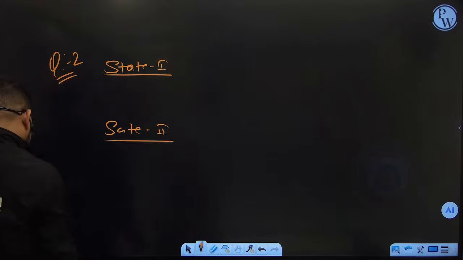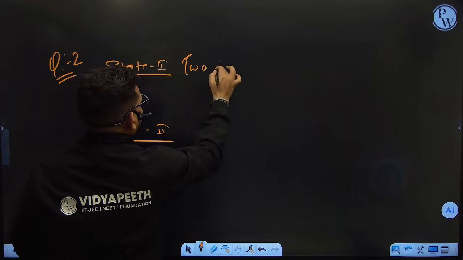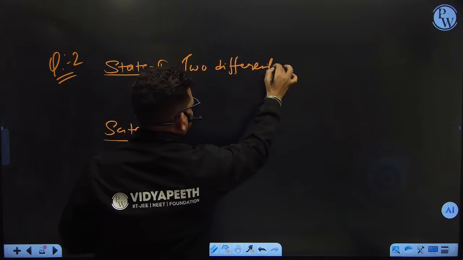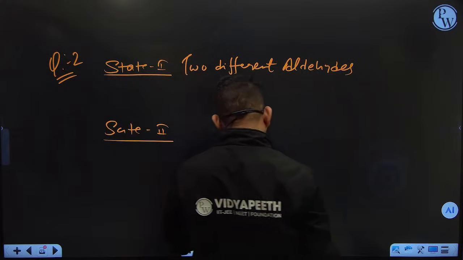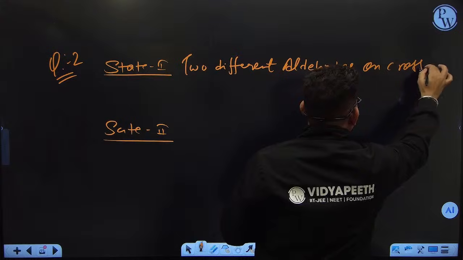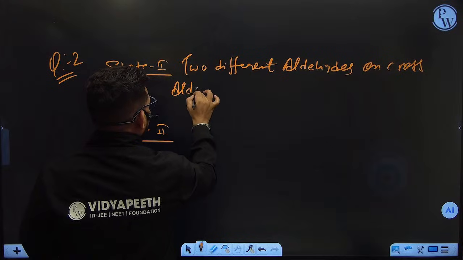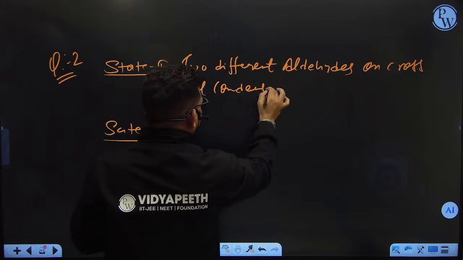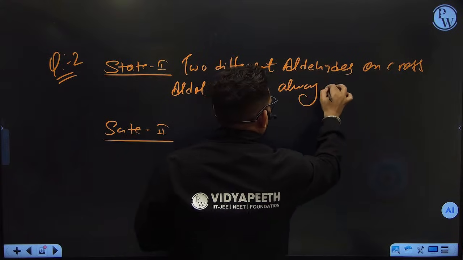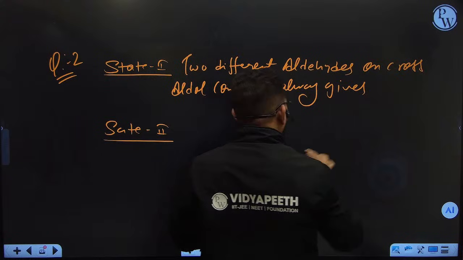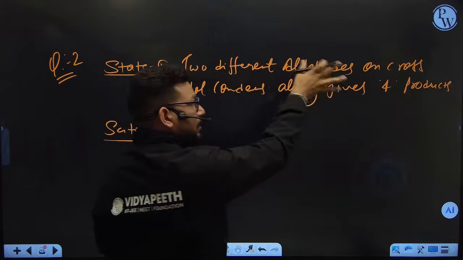In statement number 1 it is written: two different aldehydes on cross aldol condensation always give 4 products. Okay, so now you can match your options.